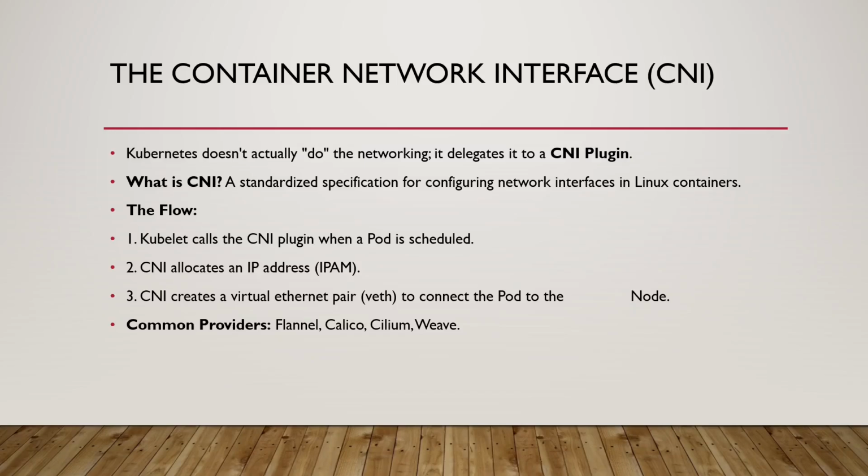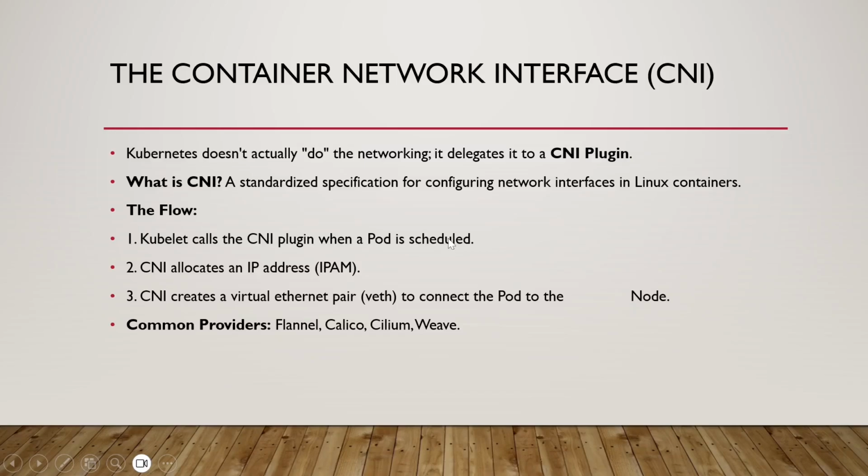So the flow is like this. What is CNI? A standardized specification for configuring network interfaces in Linux containers, and it should follow the three basic rules that we discussed here. The flow looks like this: Kubernetes calls the CNI plugin when a pod is scheduled.